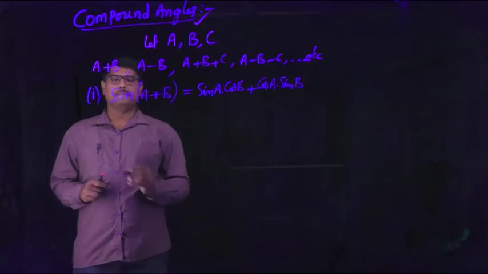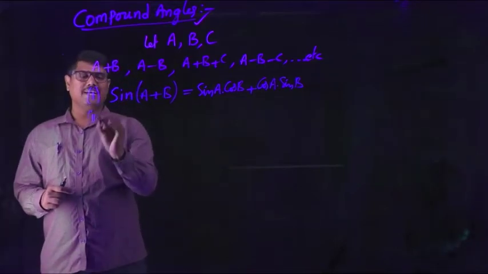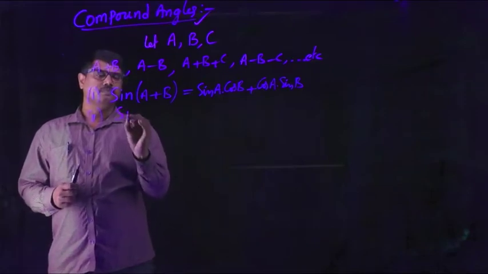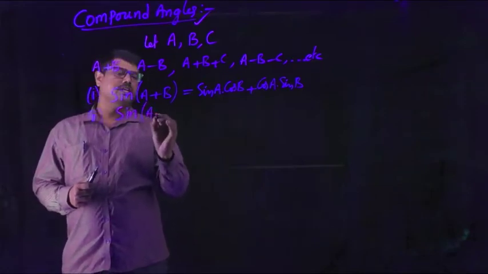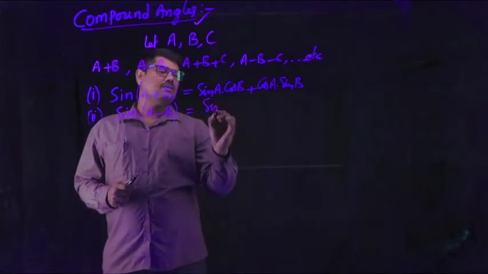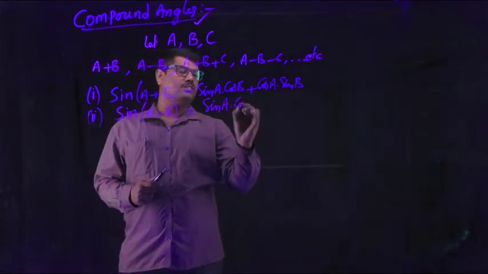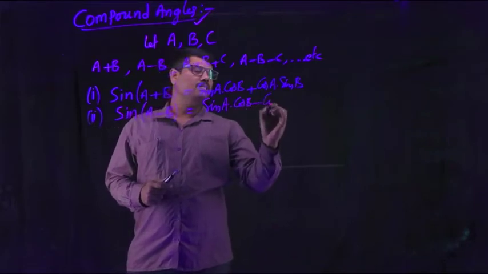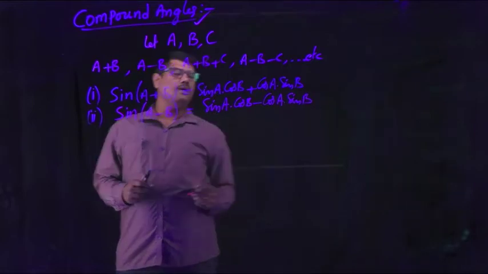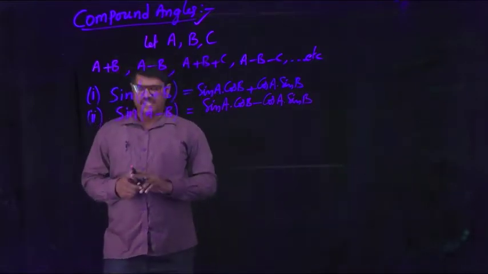Now the second one is sine of A minus B. It is similar in format: sine A cos B minus cos A sine B. This is the formula of sine of A minus B.